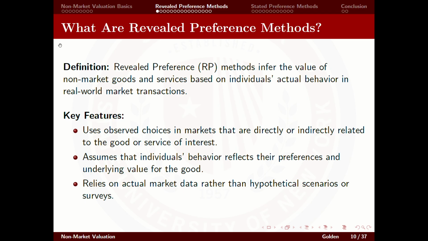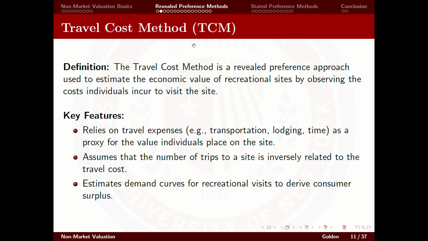Sometimes there are other parts of the value that you can't really take from what is done in the market, and it usually relies on actual market data rather than hypothetical survey data. The stated preference method, which we'll talk about in the next video, focuses a lot on survey data.